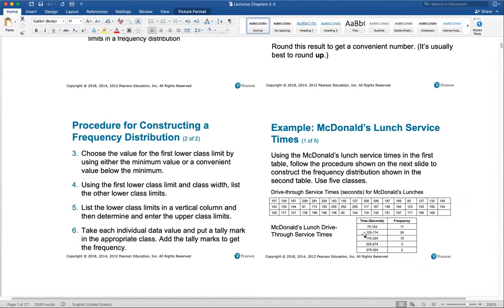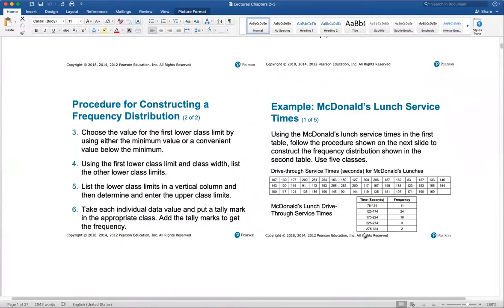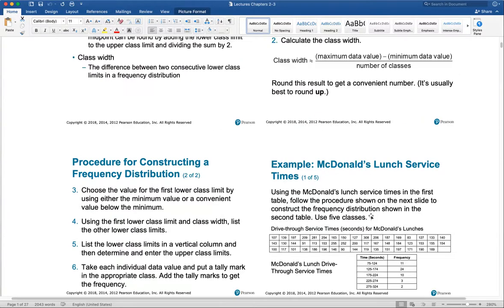The class boundary between the two classes is going to be 124.5. And then the class boundary between the second and third classes should be 174.5, because it's the middle number between 174 and 175. So you see that.